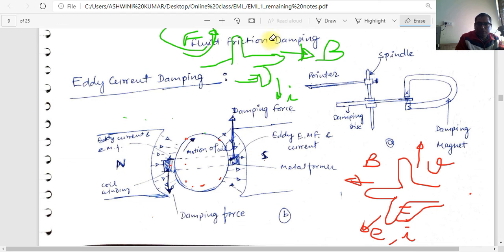Now, by the inducing of the eddy current, suppose we take the field direction as this, and the current is inward. This is B, this is I, and what will be the force here? The force will be downward.